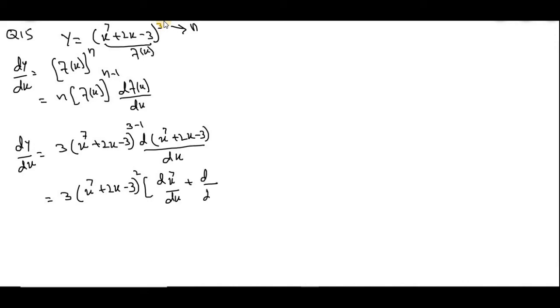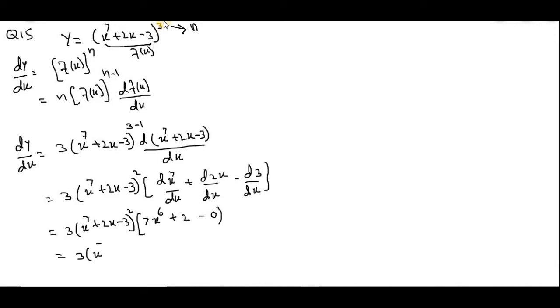Here we have applied the sum rule as well as the subtraction rule. d by dx 2x minus d by dx 3. 3 x raised to power 7 plus 2x minus 3 whole square, 7 x raised to power 6, applied power rule, plus 2 minus 0.